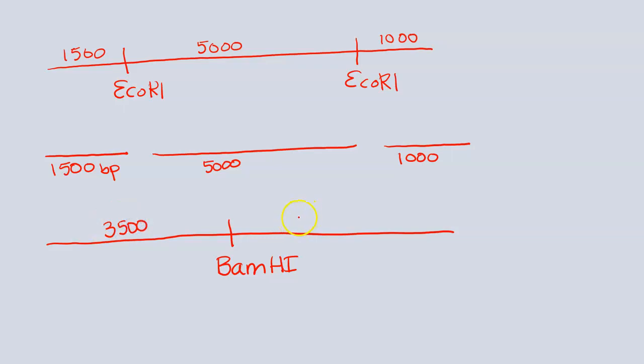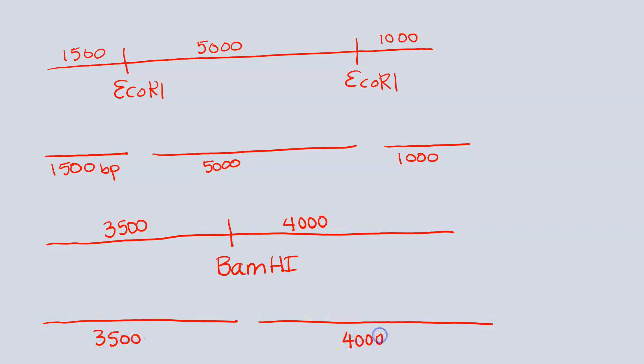And maybe this piece is, let's see, what would that be? 1,000, 1,500, 2,500, 7,500. So this would be 4,000 base pairs for that piece. So when it cuts, you'll end up with a piece that's 3,500 base pairs and 4,000 base pairs.